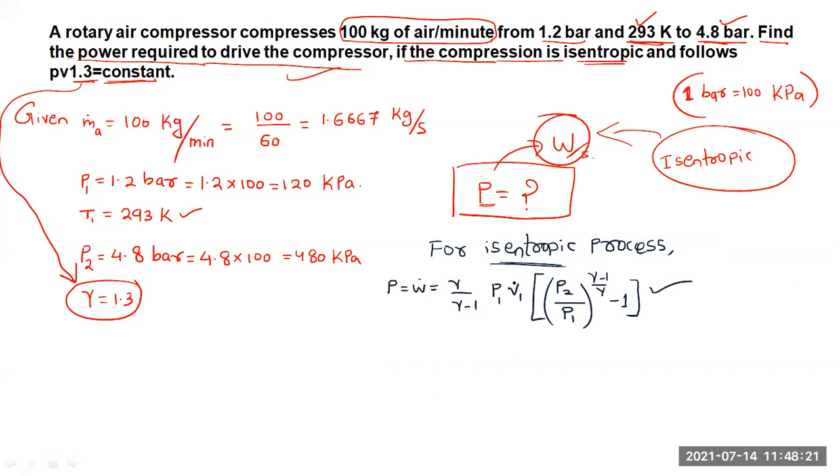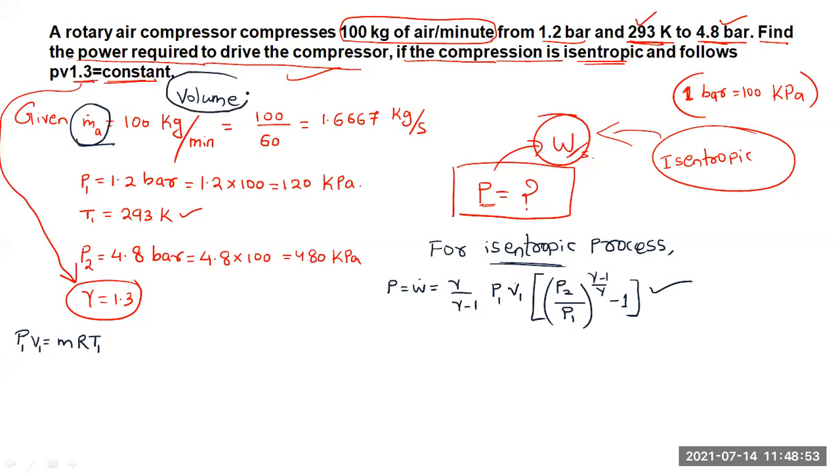But here the volume flow rate is not given; in the question paper, mass flow rate is given. For an ideal gas, PV equal to mRT, so P1 V1 equal to mRT1. We have to check in the question paper whether they have given the mass flow rate or the volume flow rate.